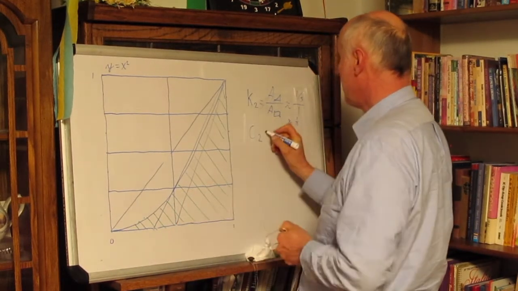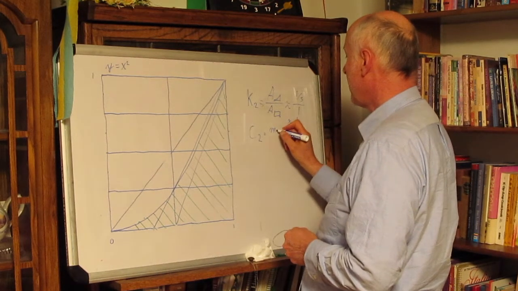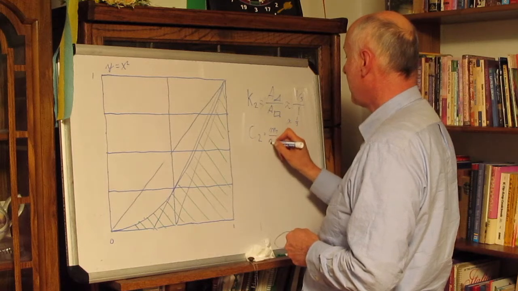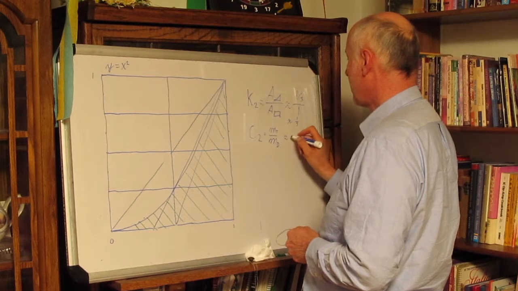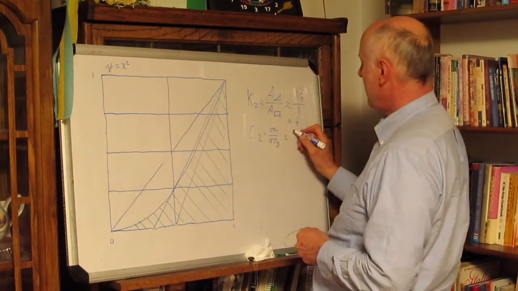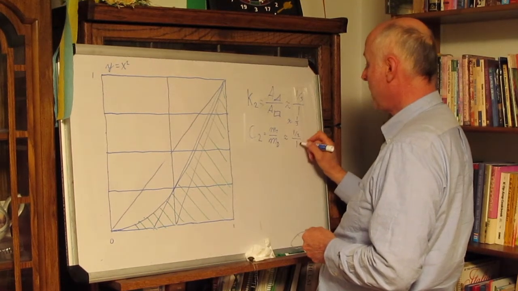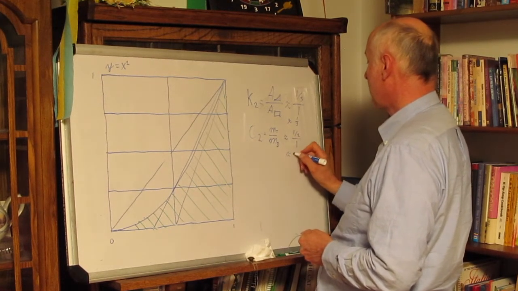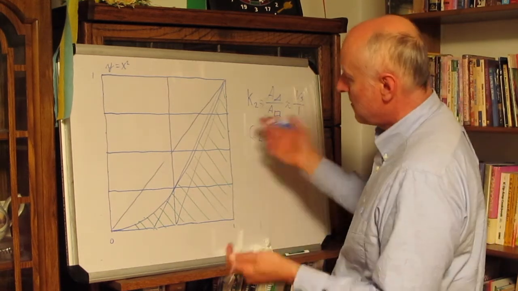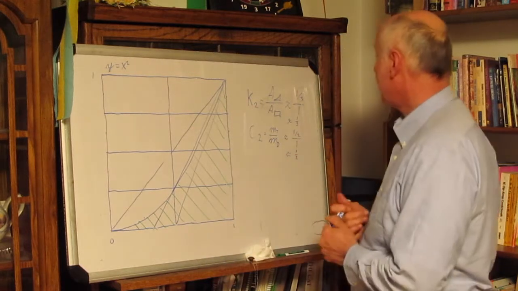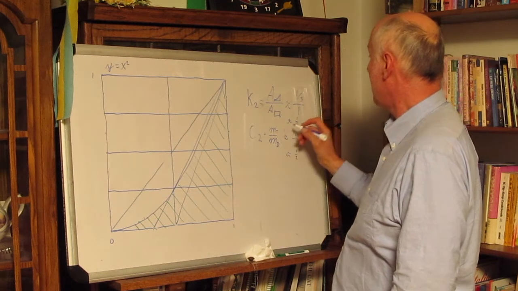So C2 equals M tangent over M diagonal, right? And this we estimate as 1/2 over 1. And that equals 1/2. So, just from simply looking at this, we have arrived at values of K2 and C2.